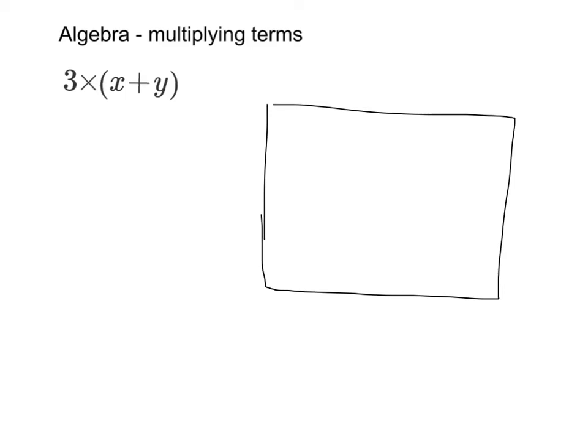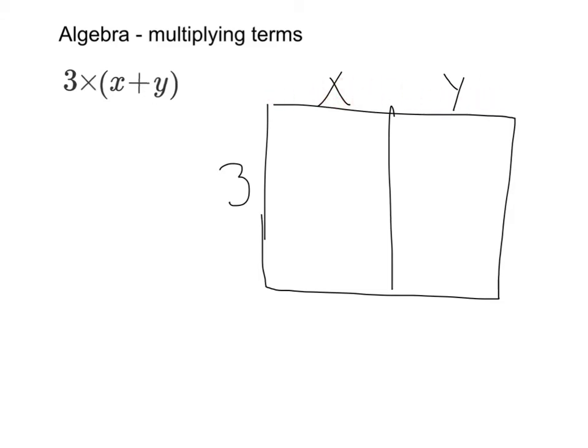We're going to have a 3 on this side, and then the x plus y is going to be over here. So I'm just going to split it up into an x and a y. So that's x and that's y. So x plus y is the whole length of it.